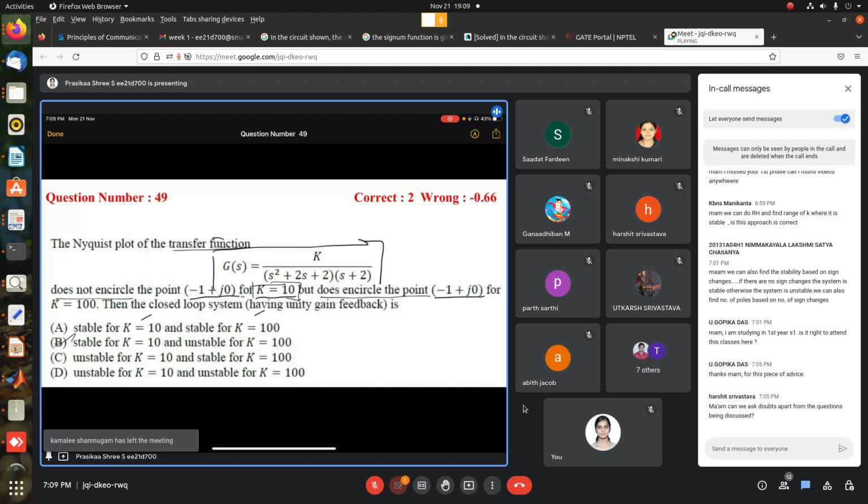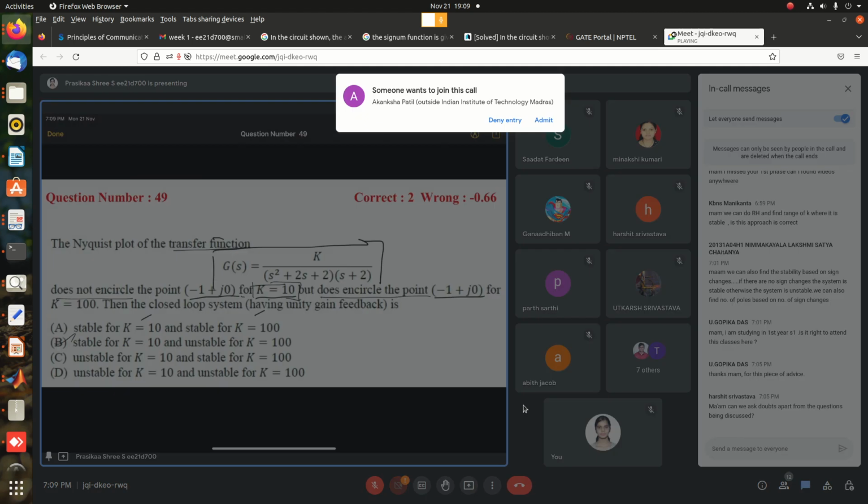Here, nothing like that is given. They have given a transfer function. For that, you are formulating a characteristic equation, formulating the Routh array and finding out how many poles are lying in the right half of the s-plane. So in this case, we are writing it for the open loop transfer function, not for the closed loop transfer function.